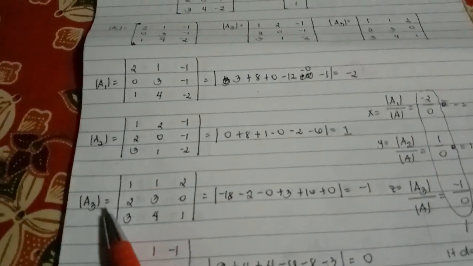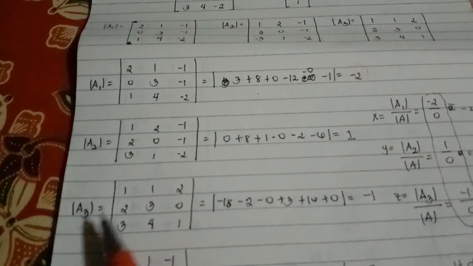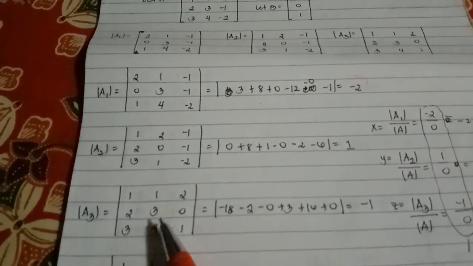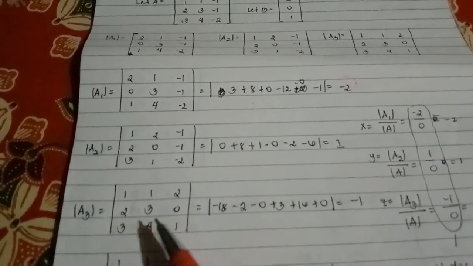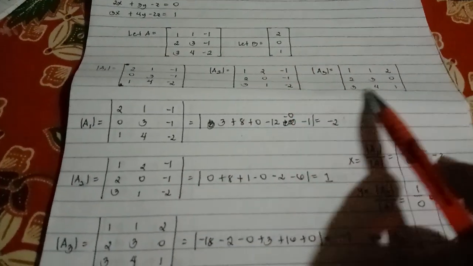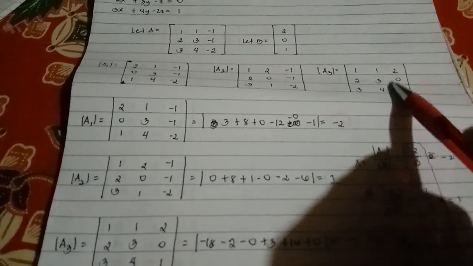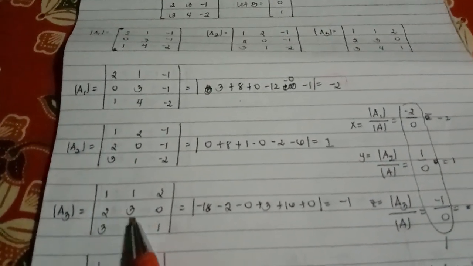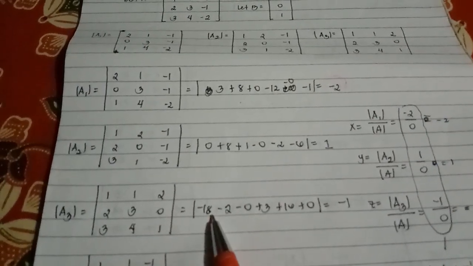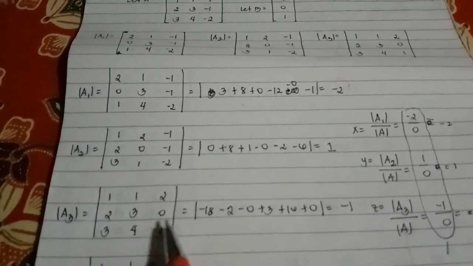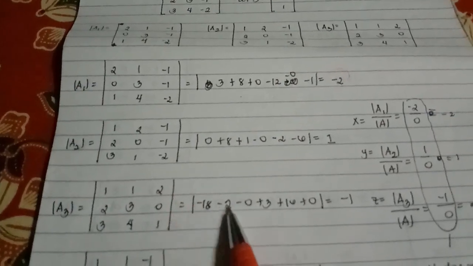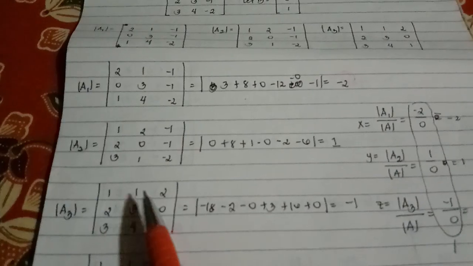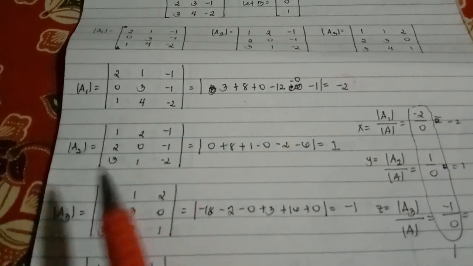So, the next is A sub 3. The given problem is 1, 2, 3, 1, 3, 4, and then 2, 0, 1, since we replaced the third column with the constants. So, 1 times 3 times 1 is equal to 3. 2 times 4 times 2 is equal to 16. 3 times 0 times, that's wrong.